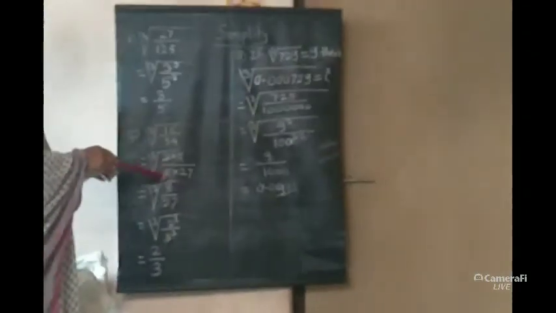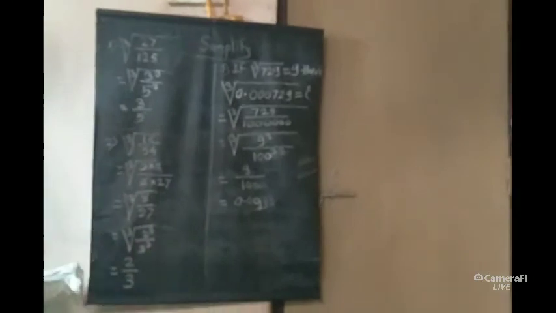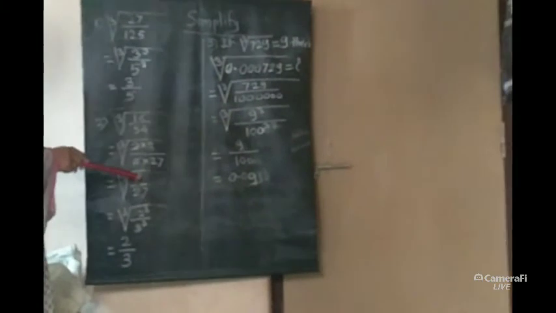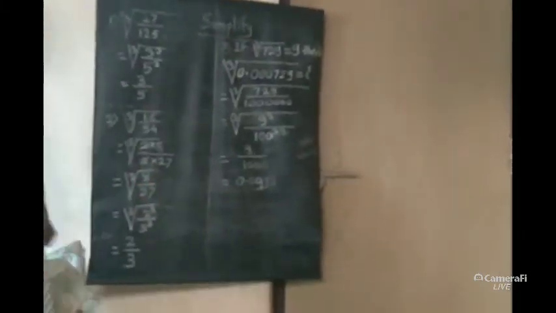And here 54 is factorized as 2 into 27. Here 27 is a cube number, it is the cube of 3. Now 2 and 2 are common factors, so we cancel them. Here 2 has been cancelled, so our simplest form is the cube root of 8 upon 27. Now the remaining numbers are perfect cubes.